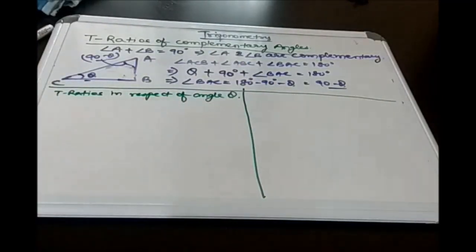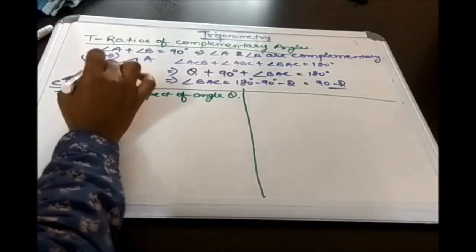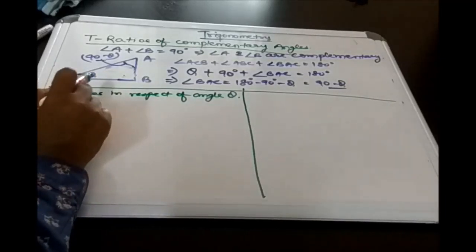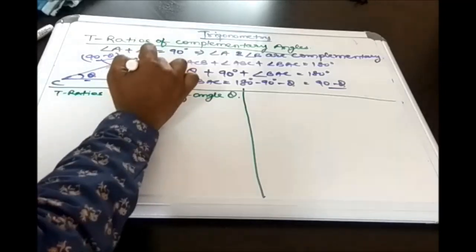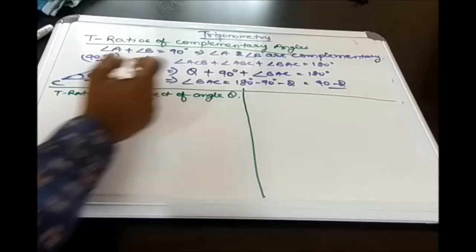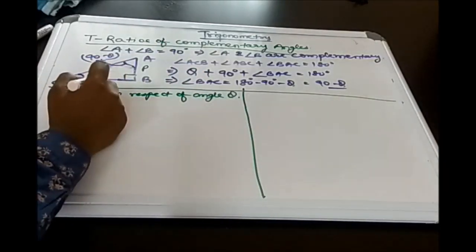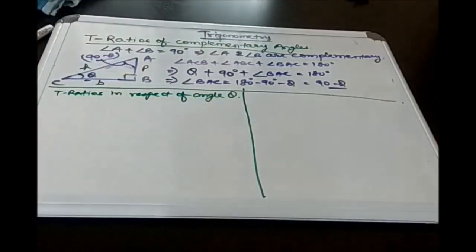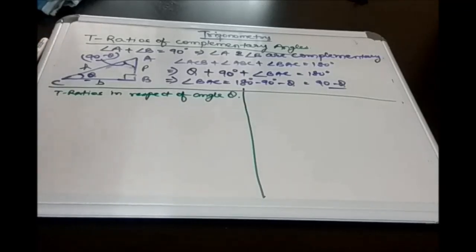What I just now told you, that you always mark the side which is opposite to the angle in respect of which you have to find the trigonometric ratio as perpendicular. So when we are finding trigonometric ratio in respect of theta, we will mark the side which is opposite to it, that is side AB, as perpendicular. The other side containing the right angle, that is BC, will be marked as base, and the third one will become hypotenuse. Now it will be very easy for you to write trigonometric ratio.